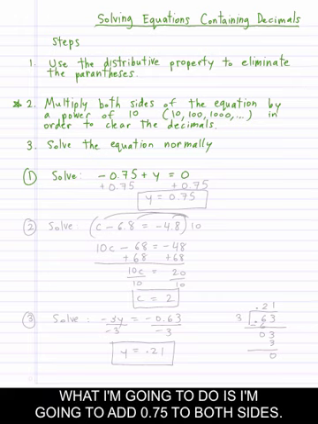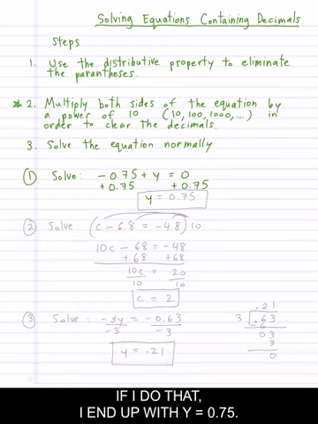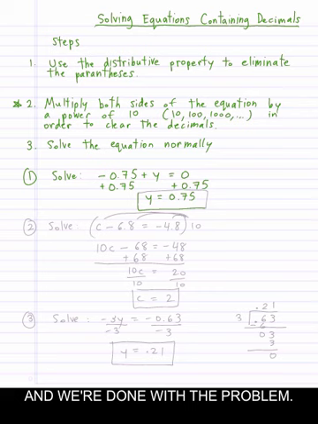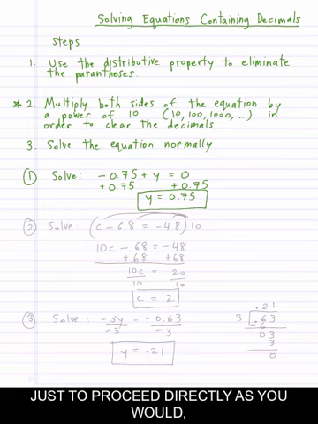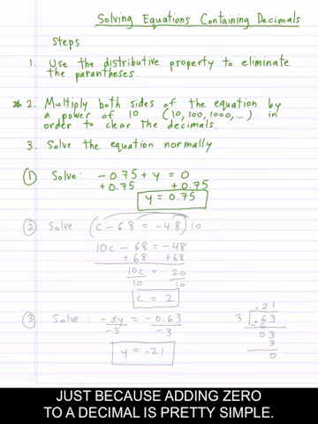What I'm going to do is add 0.75 to both sides. If I do that, I end up with y equals 0.75, and we're done with the problem. So it's actually easier here just to proceed directly, just because adding 0 to a decimal is pretty simple.